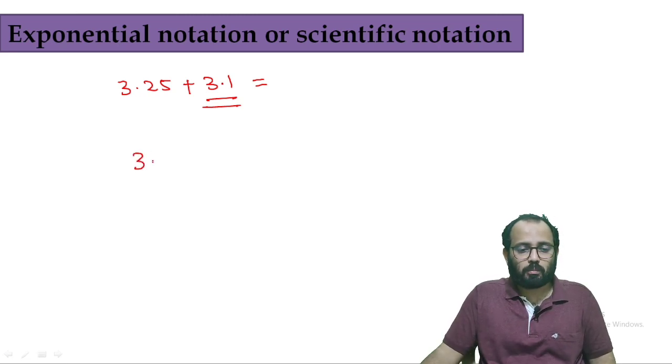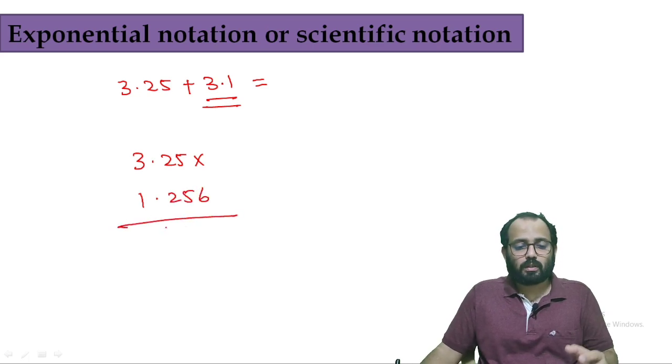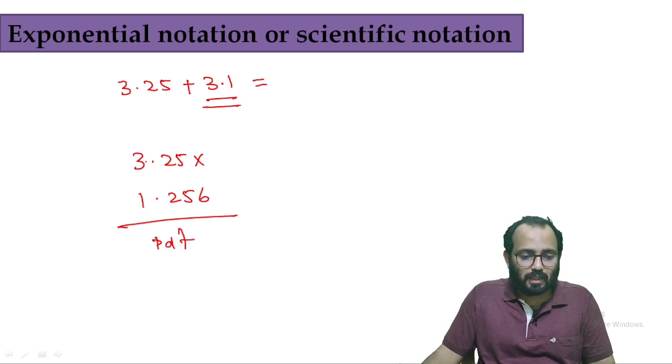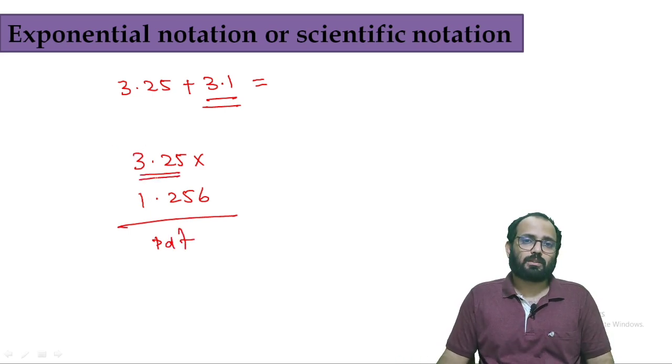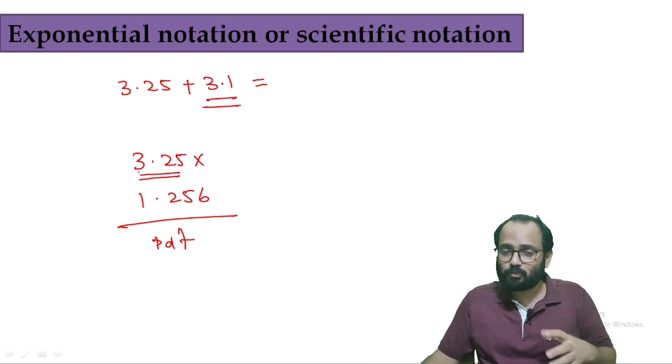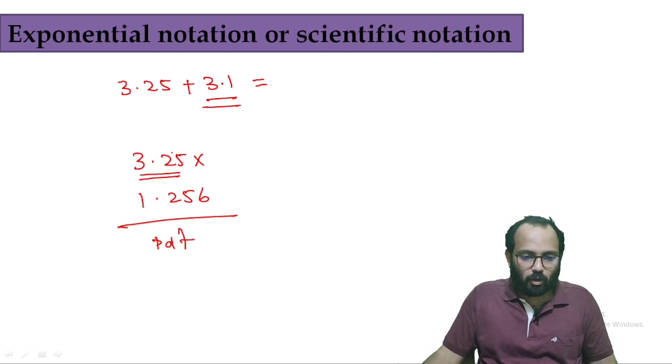Then if you go with the multiplication, 3.25 into 1.256, then you have to find out the product. What is the product? It should have fewer significant figures. Again, the chemistry. I'm not good with the mathematics, but good with the chemistry. Okay, look at that.